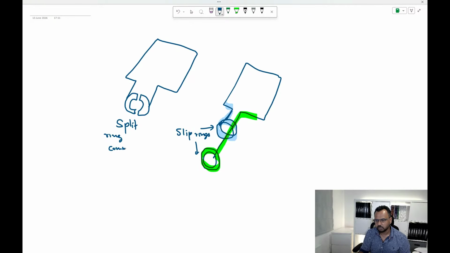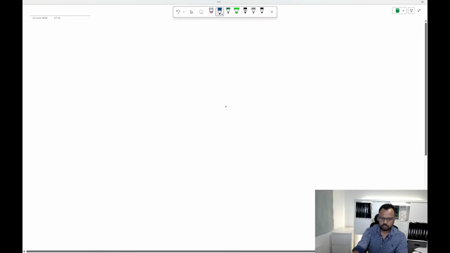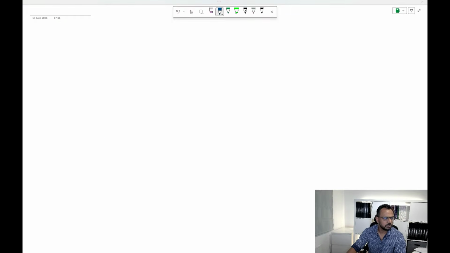So split ring commutator and slip rings. Thumbs up if you understand it. Is all good? Good. Right.